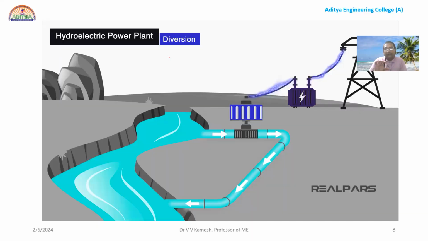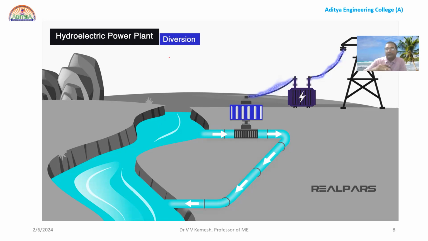And there is some alteration. Whenever your hydroelectric power plant reservoir water level is below average, as I told you earlier, you can prefer the Kaplan turbine. Okay, right? But still, you are able to get some more energy by means of a small diversion, right?